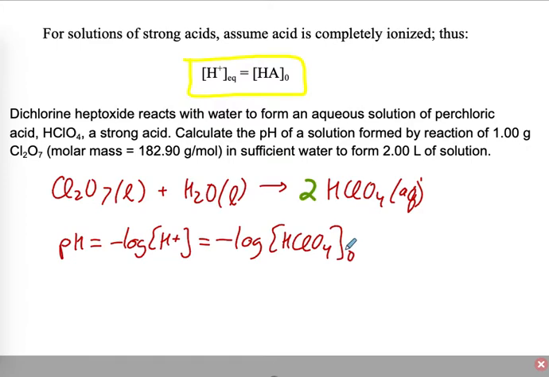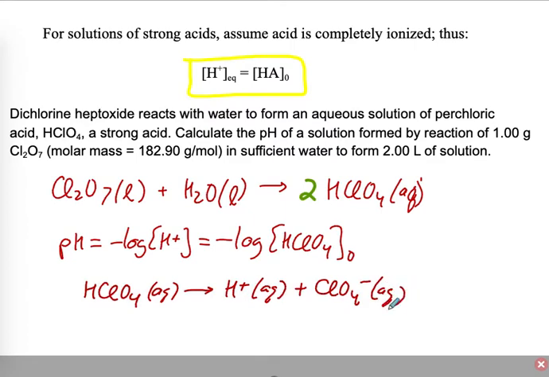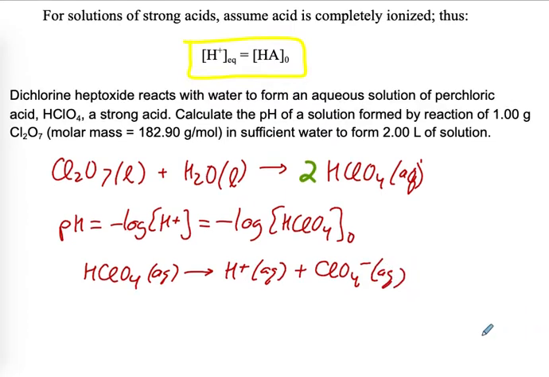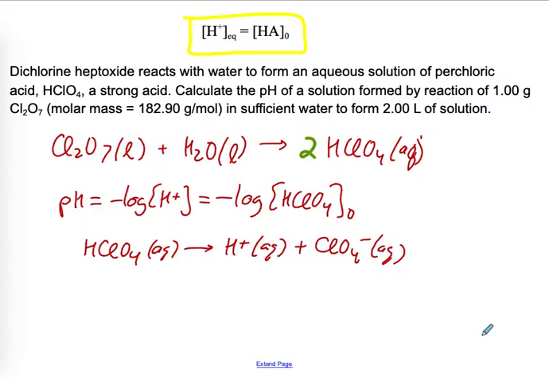Notice this works because perchloric acid is a strong monoprotic acid, and I can see from the equation that for every 1 mole per liter of perchloric acid I start with, I will get 1 mole per liter of hydrogen ion. So let's just calculate the hydrogen ion concentration.